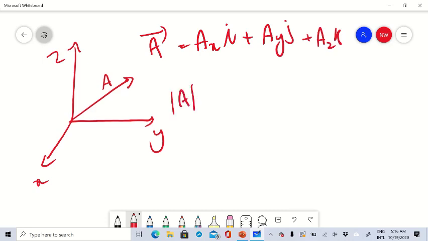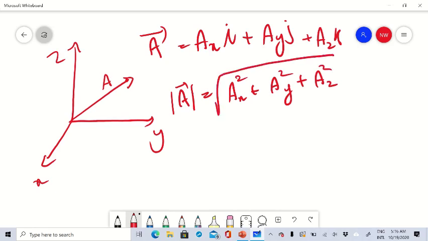Magnitude of a is equal to the square root of ax squared plus ay squared plus az squared, right? So this is the magnitude of vector a, right?